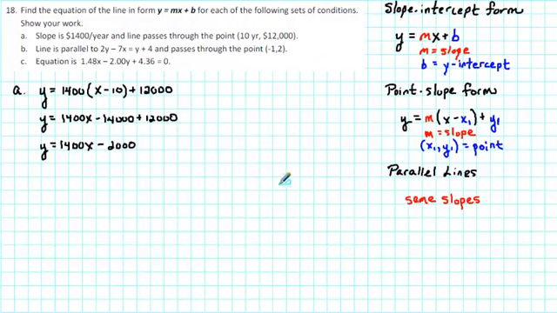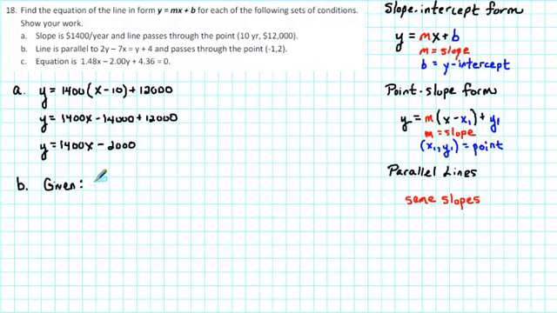For this one, we need to recall that parallel lines have the same slopes. So our strategy will be to find the slope of the given line and then use that slope and the point on the parallel line to find its equation. So for B, let's start off with our given line.